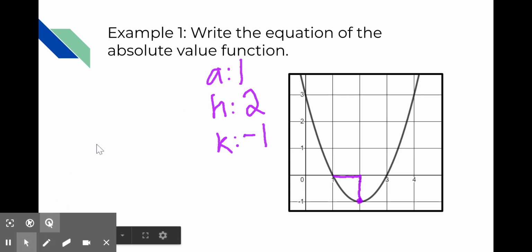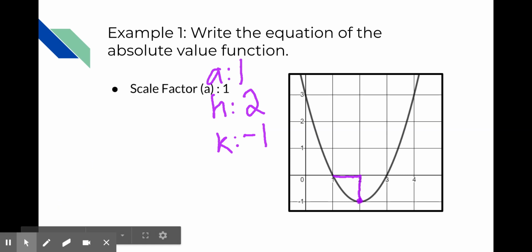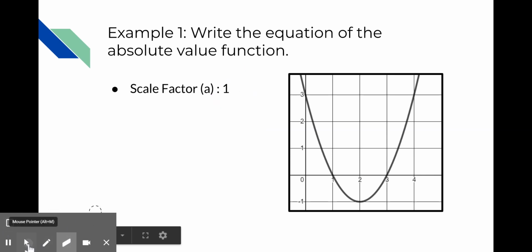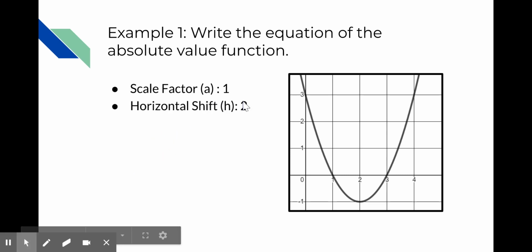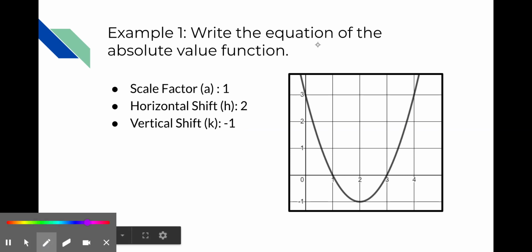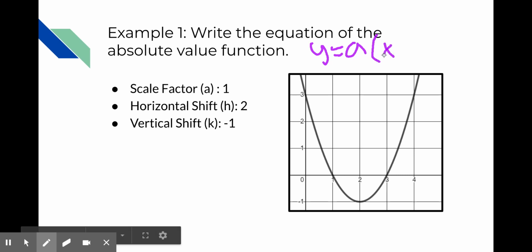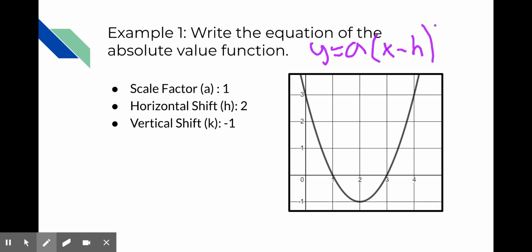So I'm going to take this information that I just wrote, typed here, so I can erase this. Our scale factor we said is 1. Our horizontal shift is 2. And then our vertical shift is -1. So we're going to plug it into the equation y equals a times x minus h squared plus k.